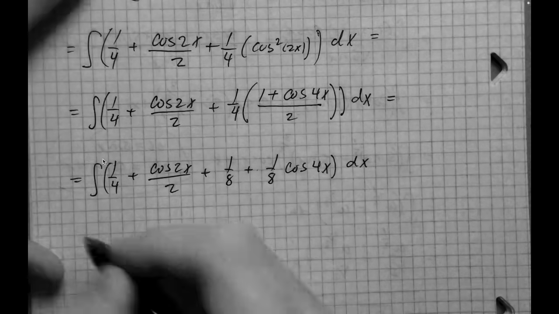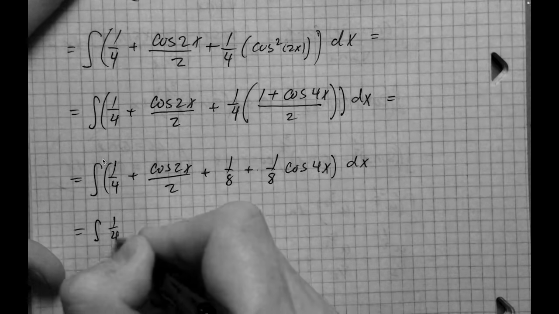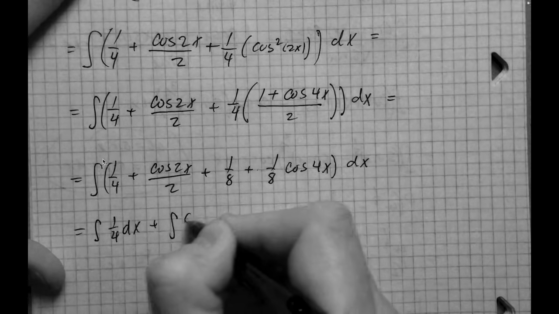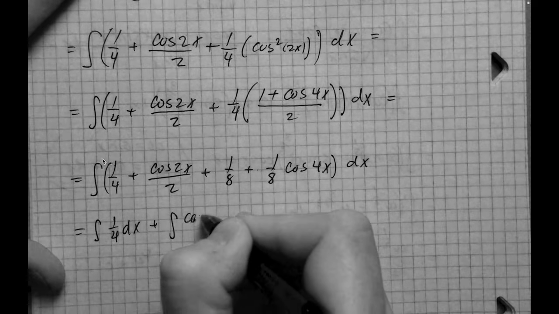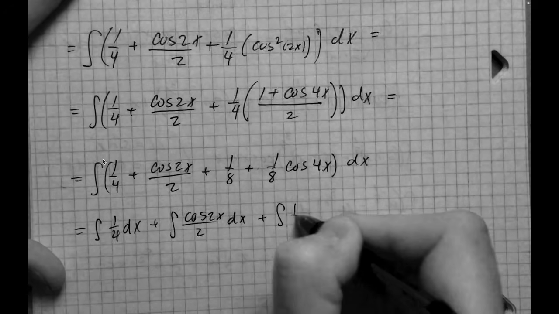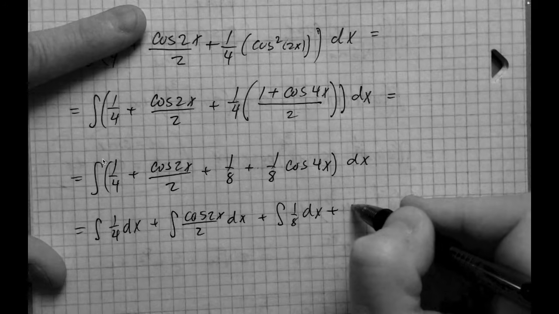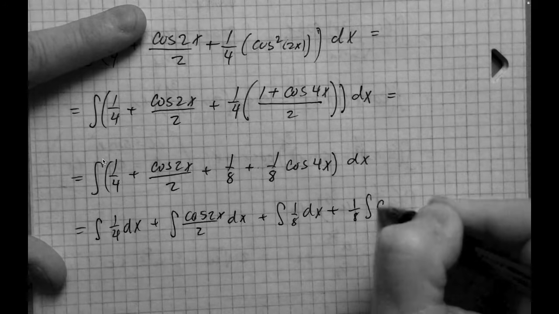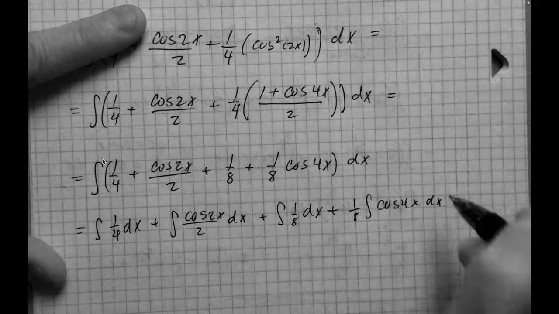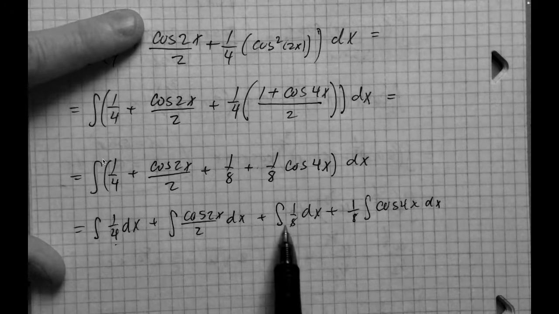And now we can break this whole integral up. So the integral of 1/4 dx plus the integral of cos 2x over 2 dx plus the integral of 1/8 dx plus, well, this end one we'll put as 1/8 times the integral of cos 4x dx. Most of these are, well, these two are just constants, so that's not a problem.